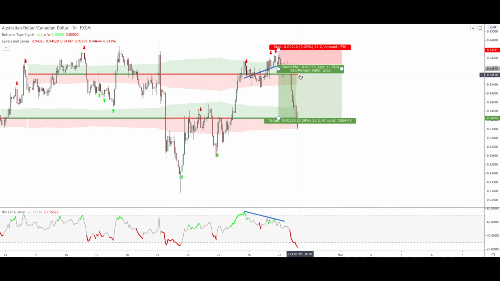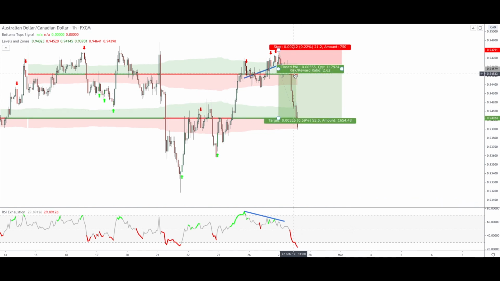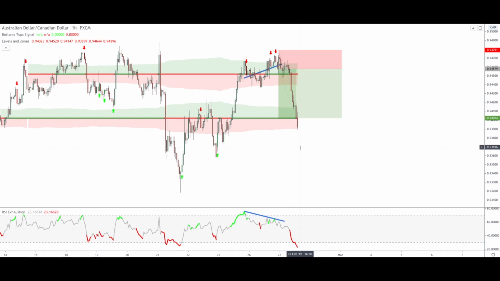For instance, in this case, I'm saying might because it's not necessarily the case, but if this resistance up here would have moved down here during the trade, then I might have lowered my target, because you should see that kind of price action as a downward pressure on the price.